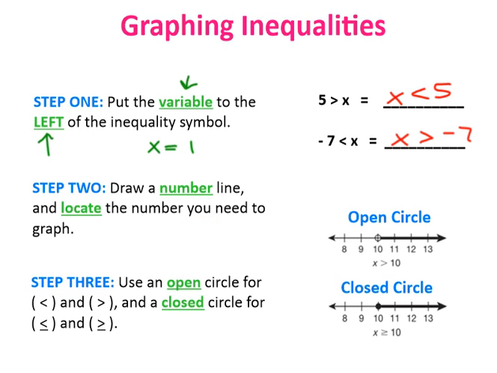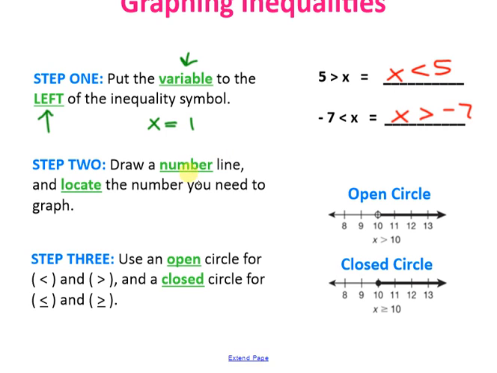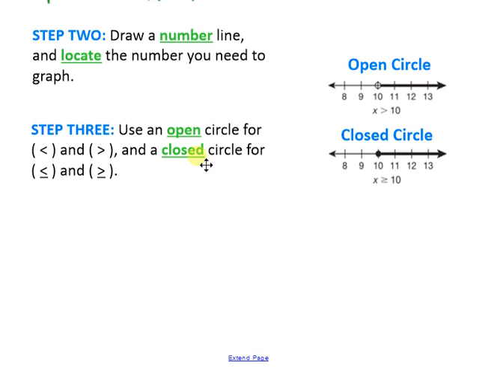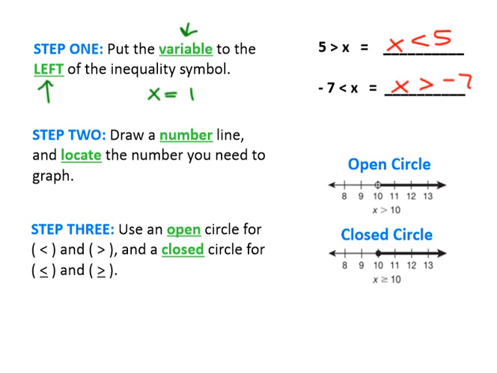Okay? All right, step 2 is that you're going to draw a number line. Step 3, you're going to locate the number that you need to graph. Well, that's easy because it's always going to be the number right here. It's going to tell you. Step 3, you're going to use an open circle like this, for the less than symbol and the greater than symbol.